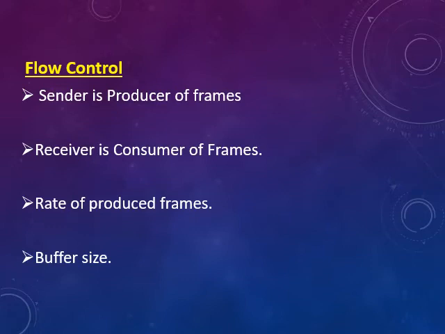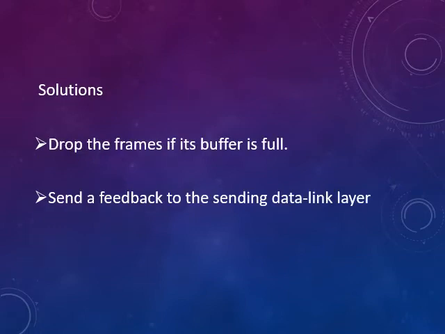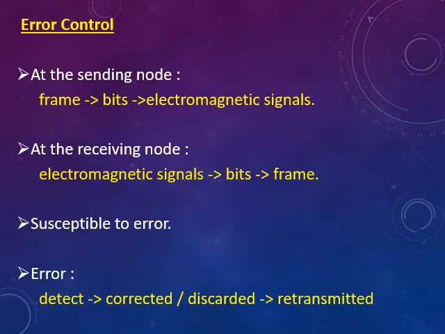We cannot have an unlimited buffer size at the receiving side. There are two solutions to this problem. Let the receiving data link layer drop the frames if its buffer is full. Or the receiving data link layer can send feedback to the sending data link layer to ask it to stop or slow down.